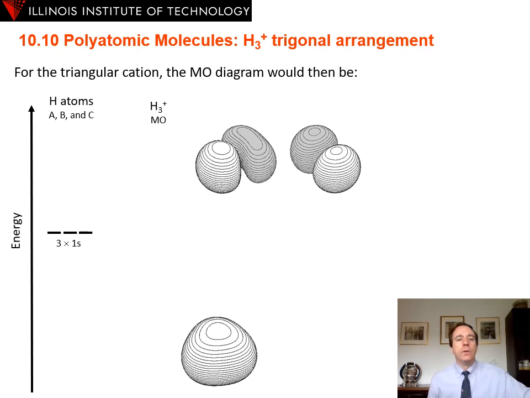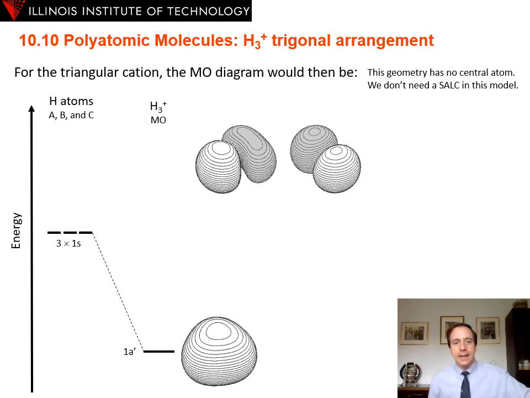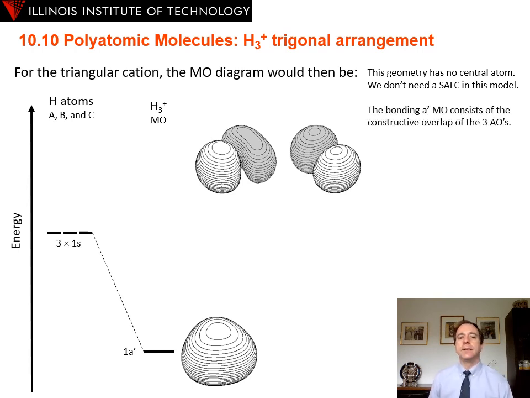And then we will build the molecular orbital of the overlap between those three. And what we get is the bonding orbital all the way down there with the 1a' orbital, which we saw before, and that is the constructive overlap between all three.